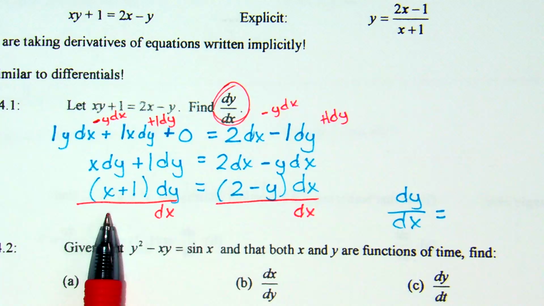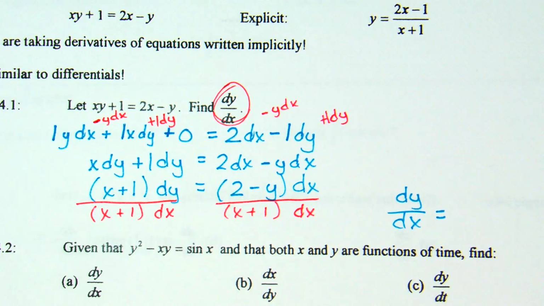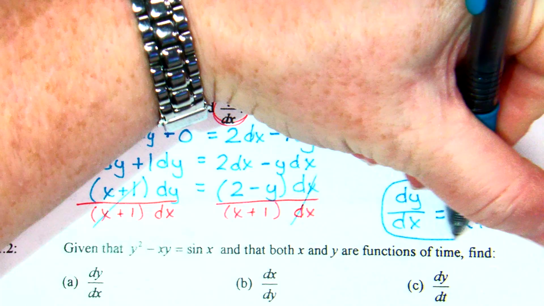If I divide the left by x plus 1, divide the right by x plus 1. Do you see what's happening here? X plus 1's cancel on the left. You have dy dx. On the right, my dx's cancel. And I have 2 minus y over x plus 1.